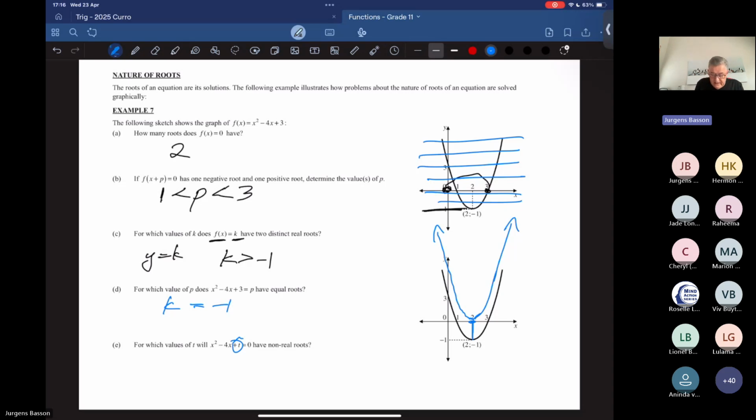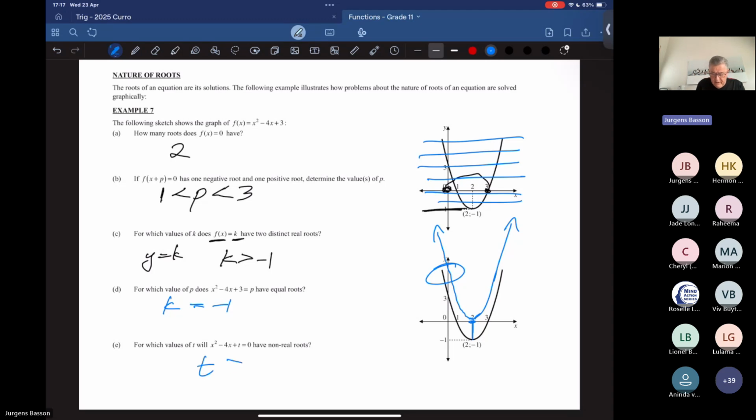But now they want to know, to get the roots non-real, what will happen to t? Because that's what they ask us. What will t be? If you look at the equation, t is in the place of the y-intercept. So they say if there are no roots, like we've got it now on this blue one, what can you say about t? What will the y-intercept be?